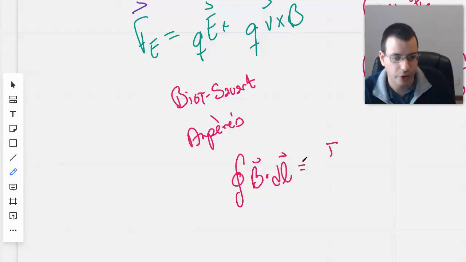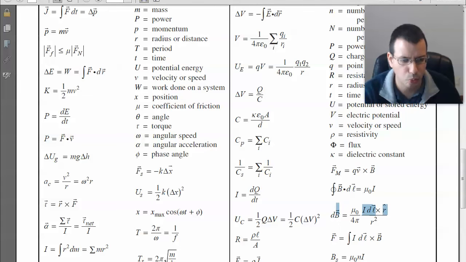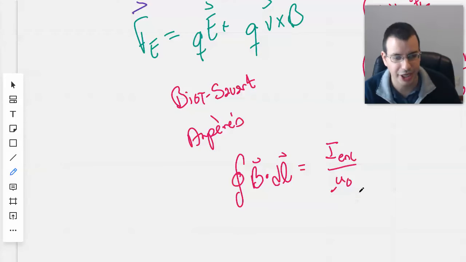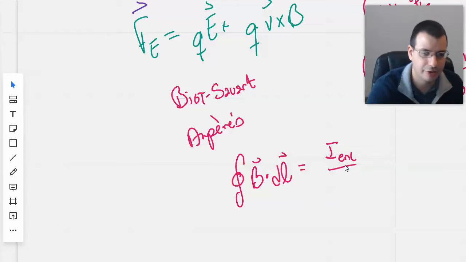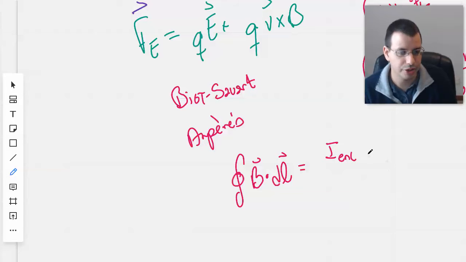I just don't like the way I drew that I. There we go. Let's check real quick. Back to our formula sheet. It's on top. Outrageous. Well, I guess that's why they give you the formula sheet. Okay, it's I enclosed times mu naught.